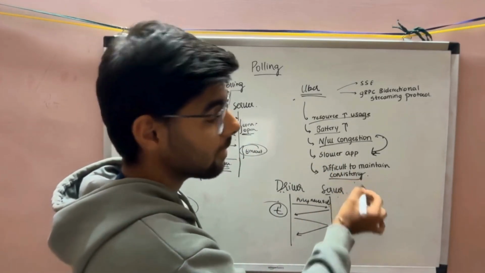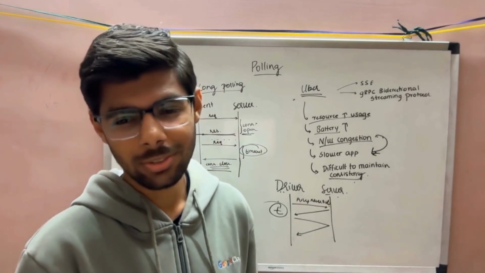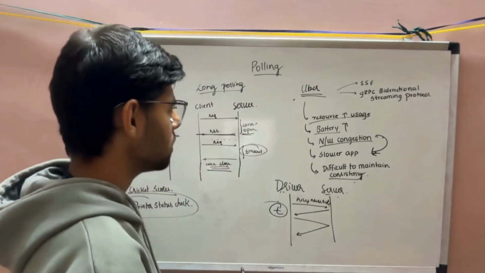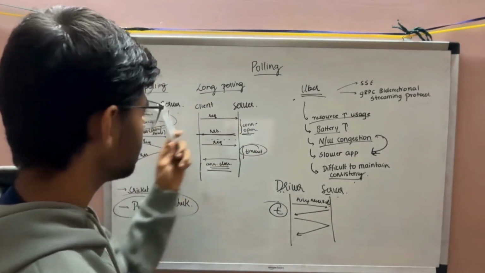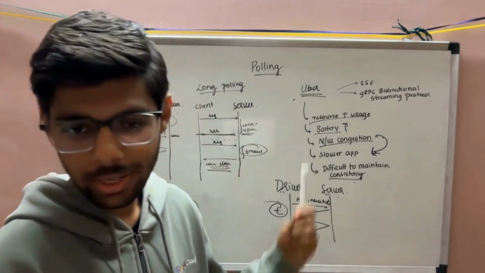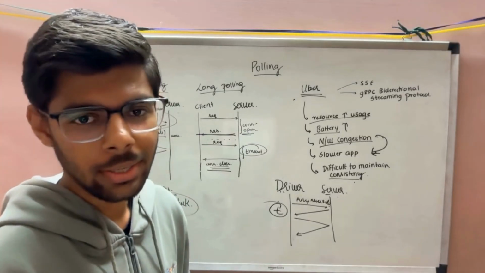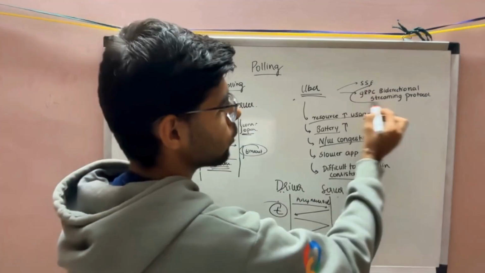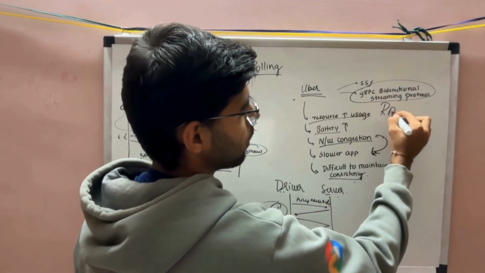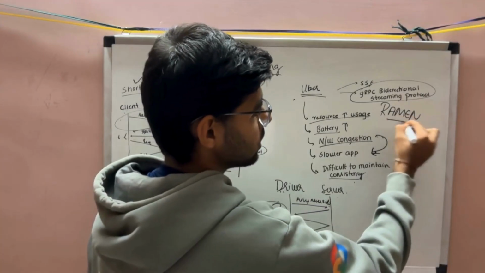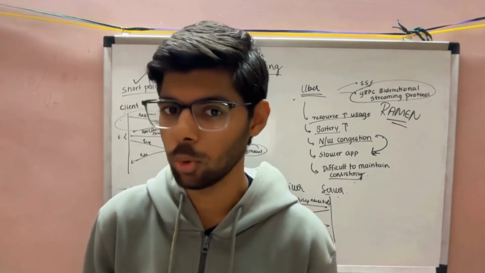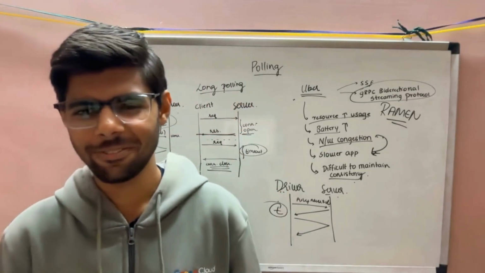It's really difficult with polling because huge resources are being used. So that was the initial architecture of Uber and how it operated, and what polling is. They have, of course, moved to gRPC and Ramen, which is an interesting concept in itself, but we'll discuss it more later. This is it for the video.